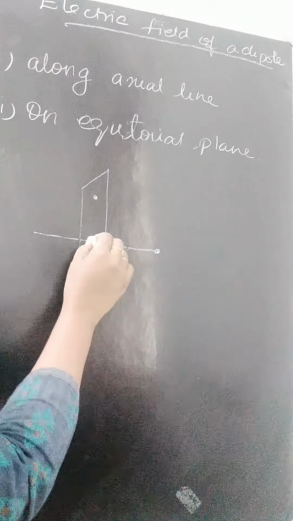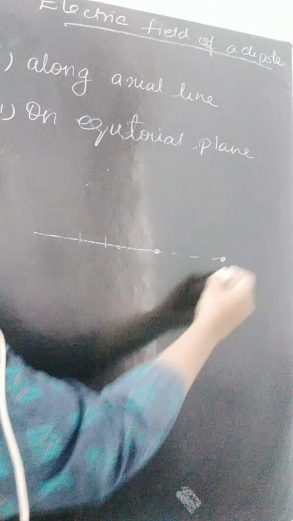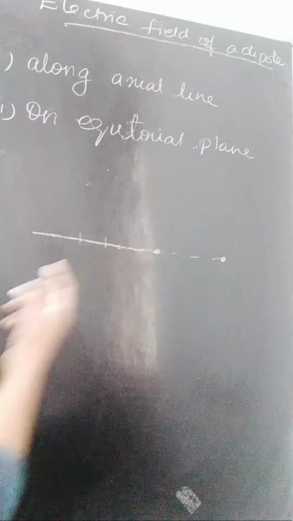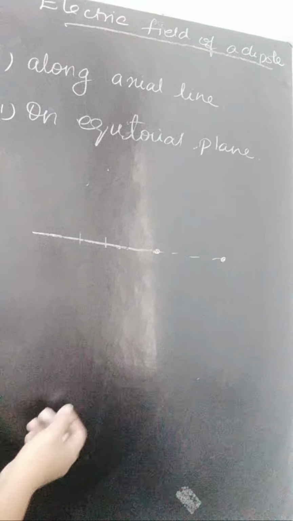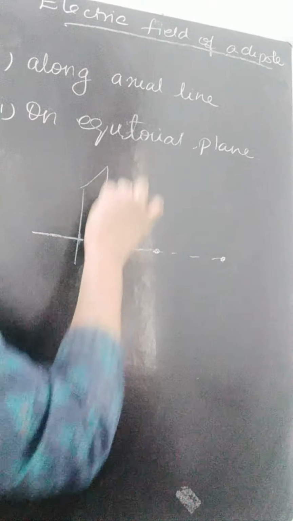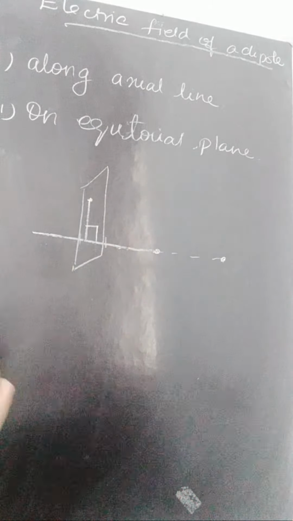So in the first case I took here, what is the angle? 0 degree. The dipole is lying along the x-axis, and the point is also taken along the x-axis. What is the angle between the both? It is 0 degree, right? If I take the equatorial line, then the point will lie at 90 degrees with respect to the dipole.